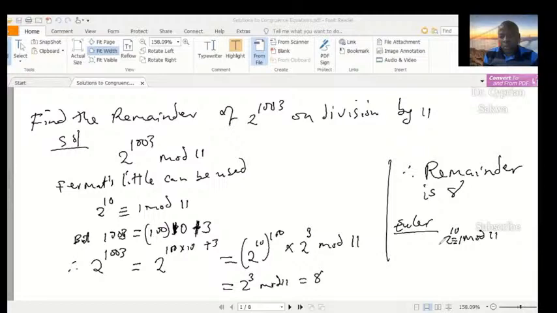So 2^10 is congruent to 1 mod 11. This is what Euler says. So that means again, we would proceed from here the same way and find the remainder as 8.